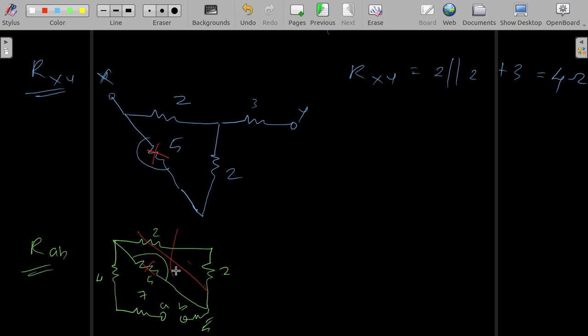The effective current will be flowing only like this. Therefore R_AB is equal to 7 series with 4 series with 5, equal to 16 ohm, right. This is how it comes.